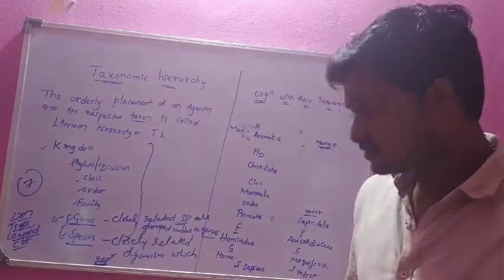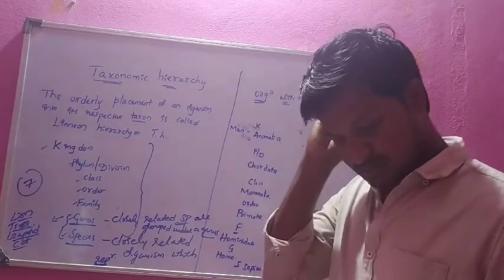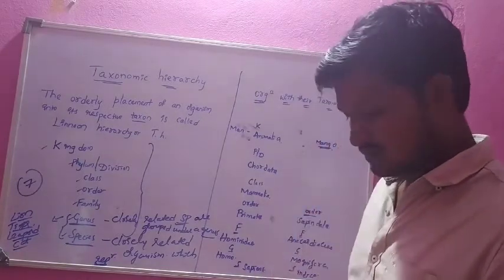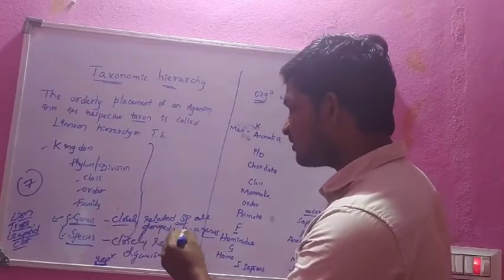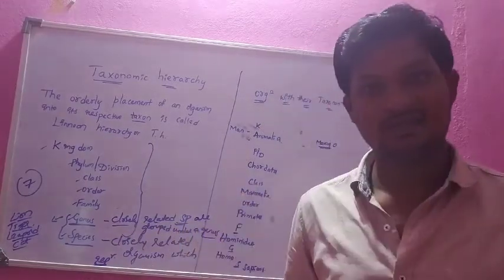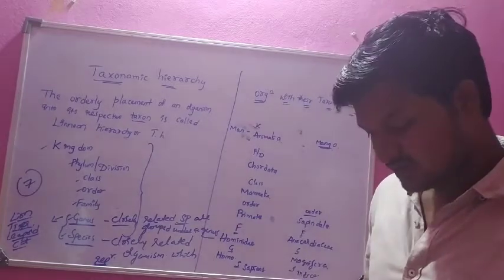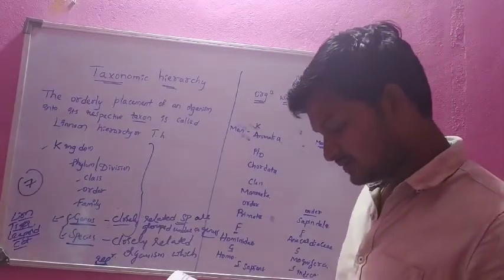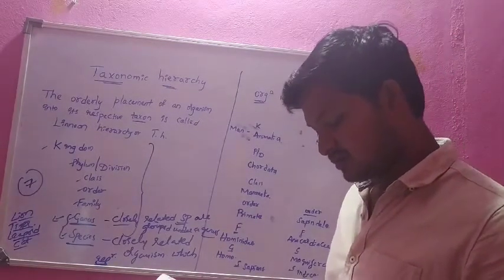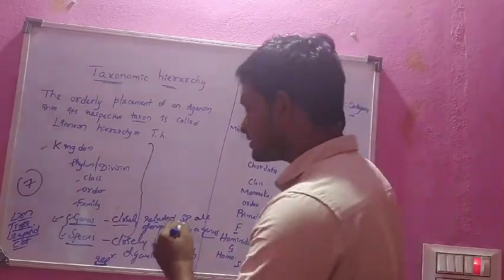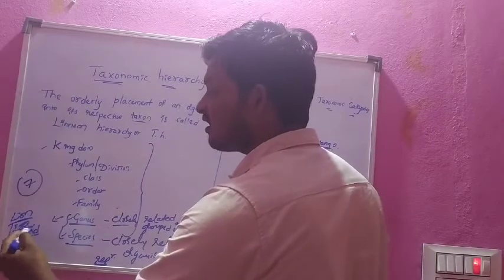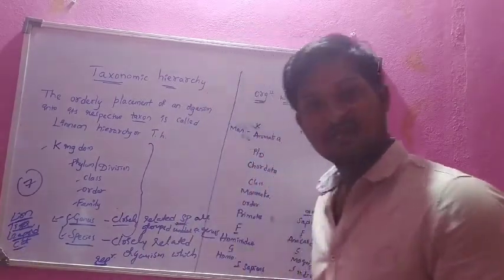Okay, what is meant by genus? Closely related species are grouped under a genus. What examples can we give? That is lion, tiger, leopard. Okay, if you see closely related species, these come under the same genus.